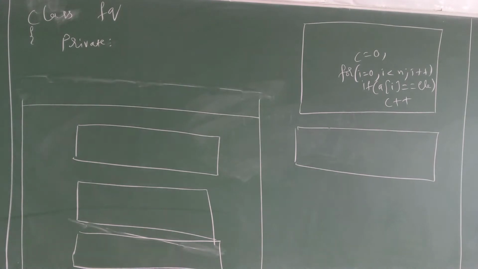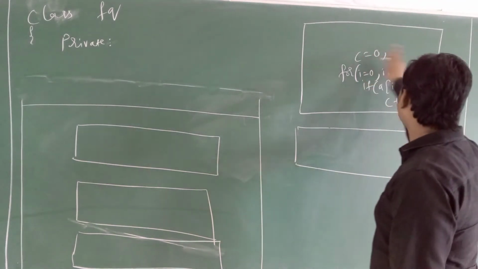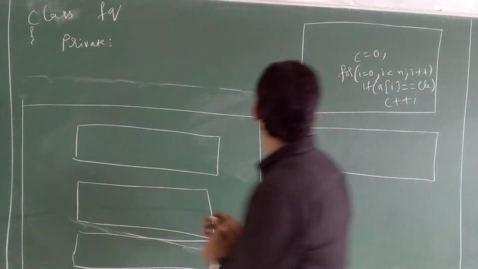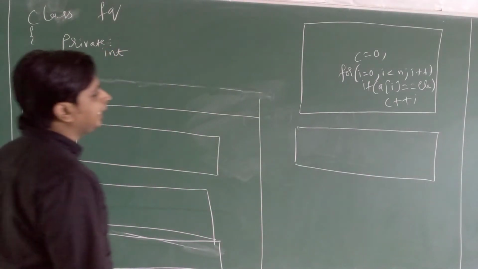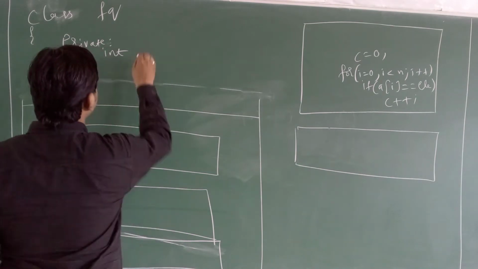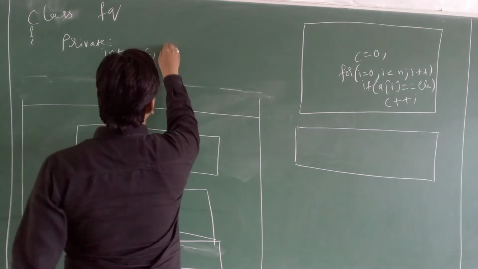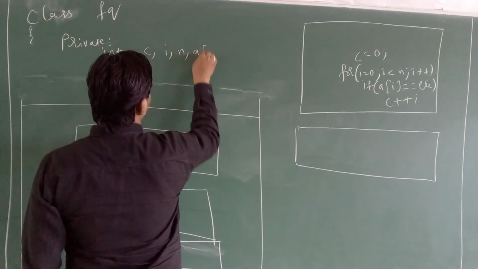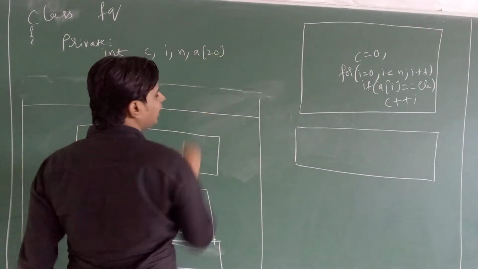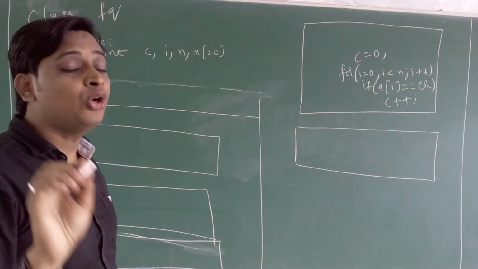This was your logic. Now in this, how many variables are you seeing? You make them int. Int: C, then I, N, then A with the size you are giving, A of 20. You can write any number here, but give more than 10.